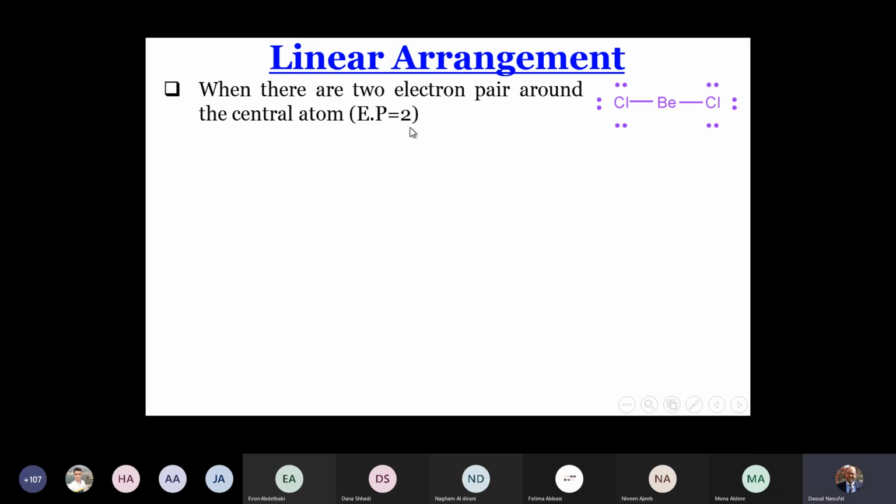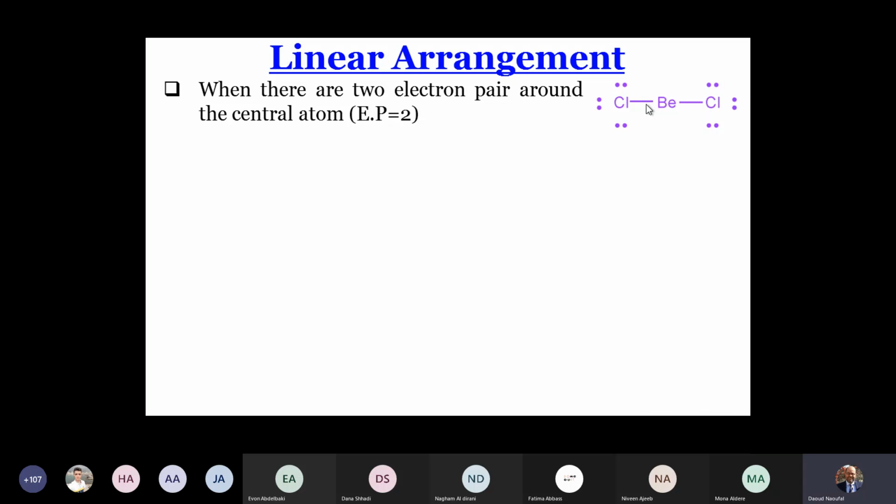In the EP, we have 2 types. We have the BP, the bonding pair, which is equal to 2, and the NBP, the non-bonding pairs, which is equal to 0. We don't have non-bonding pairs around beryllium. So in the case of beryllium, we have 2 pairs, so we have 4 electrons around. 2 electrons in each side or in each balloon or in each lobe.